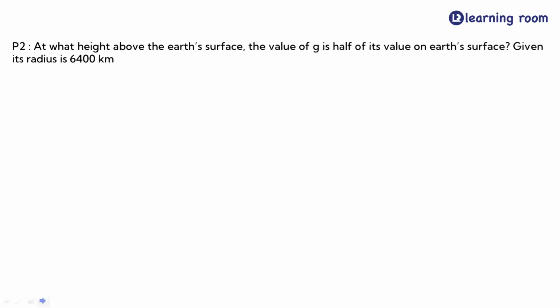Solve this, 2 minutes time. Tell me the value of h in terms of radius of the earth, where g is half of its value at the surface. I'm not interested in knowing the exact value.